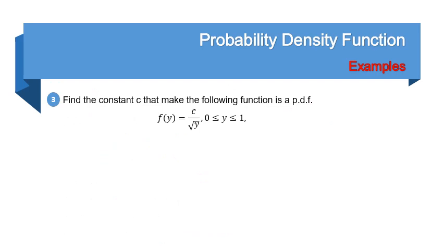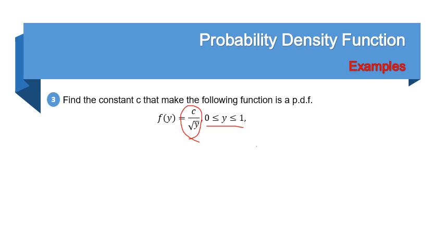Now this is our third example, in which he gave us the density function, or the PDF, as c over root y, and your y works from 0 to 1. But you remember, in order to integrate something like a fraction, we cannot do an integration for the numerator separately and the denominator separately.